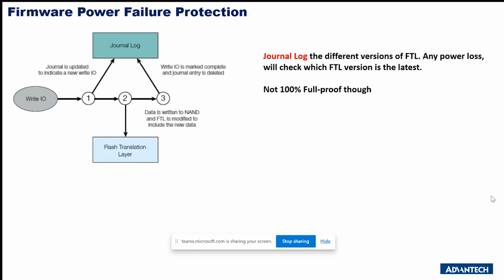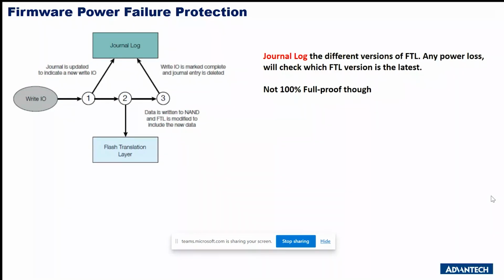When there is a sudden power failure, and later when the power recovers, the SSD shall check at the time whether the power failure occurred. It shall verify whether the entire block is written. If, let's say, it is only halfway done, it shall discard the entire write and restart the writing process to the block. This also helps to reduce errors.